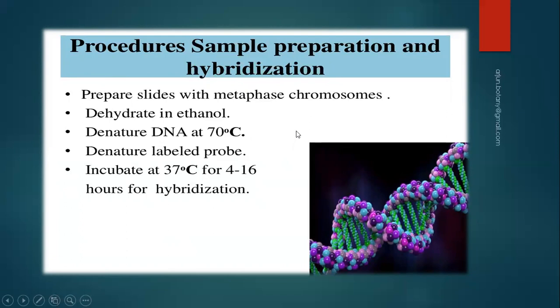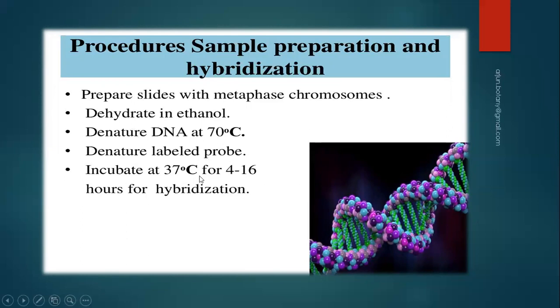The first phase is pre-fixation. The second is slide preparation by using a chemical agent like acetocarmine. After the preparation of metaphase chromosomes, the slide is dehydrated in ethanol, and then the DNA is denatured at 70 degrees centigrade. Here the temperature is very significant.